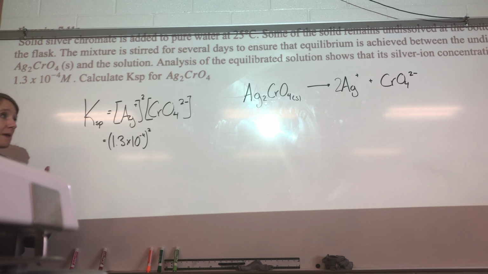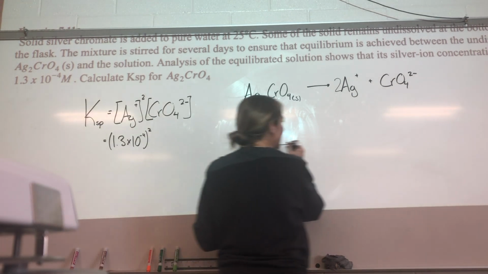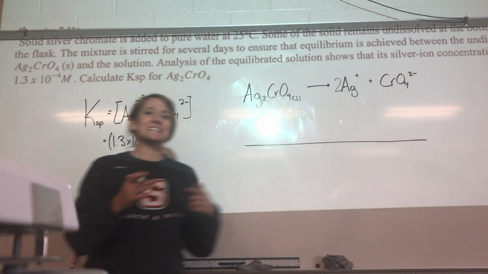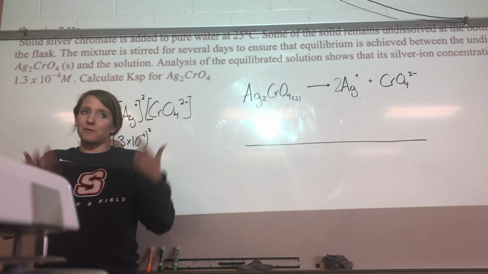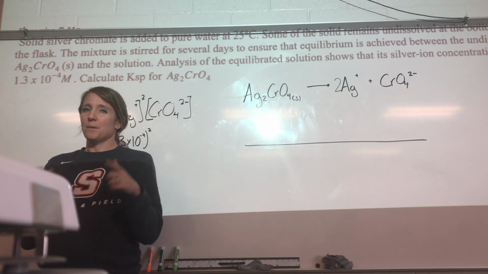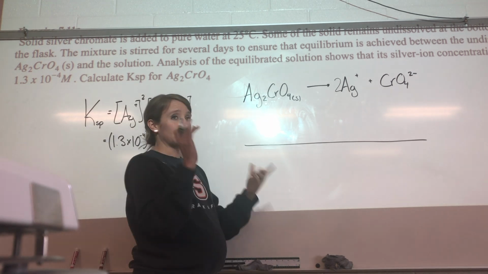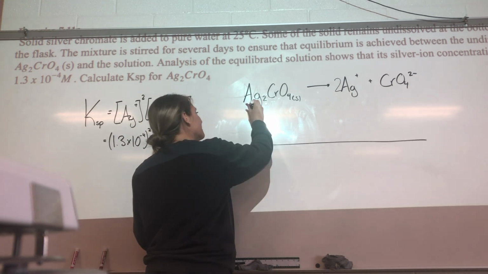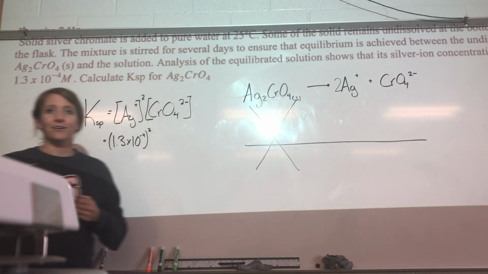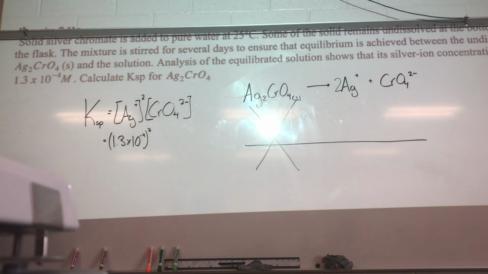Okay, now I'm going to build a RICE chart just to connect it. But with solubilities, it's even simpler, so if you can do it without the RICE chart, you don't have to. I just want to build the connection from what we've learned so far. The reason these get even easier is that the solid doesn't matter, so we don't have to worry about it at all.